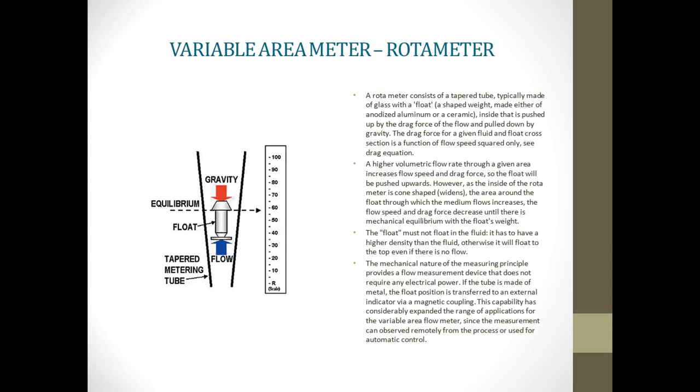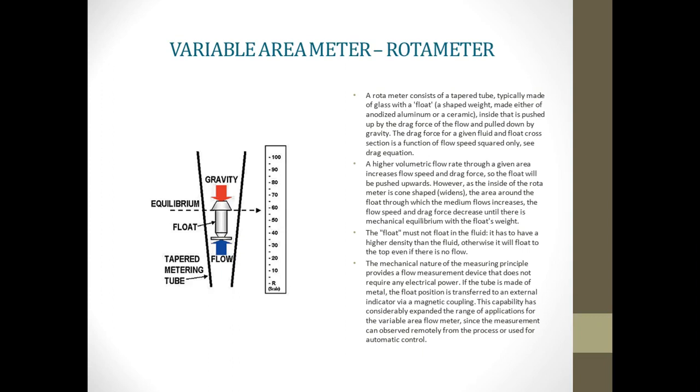The float passage remains closed until the pressure of the flowing material plus the fluid buoyancy effect exceeds the downward pressure due to the weight of the float. The float then rises and floats within the flowing medium in proportion to the flow at the given pressure.